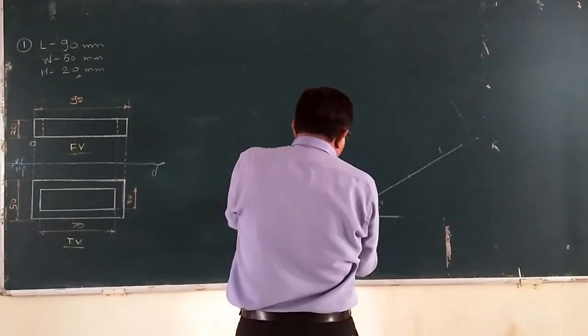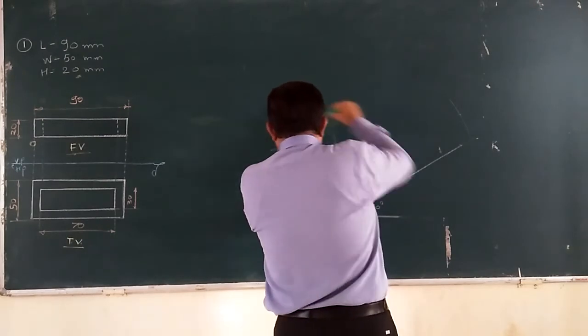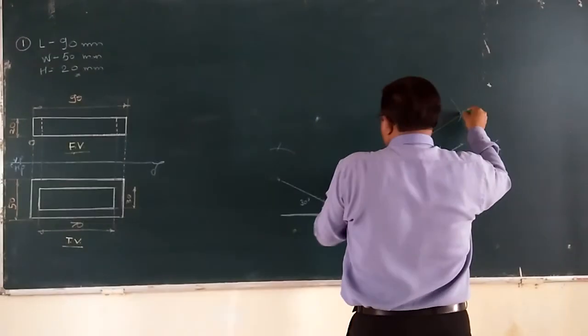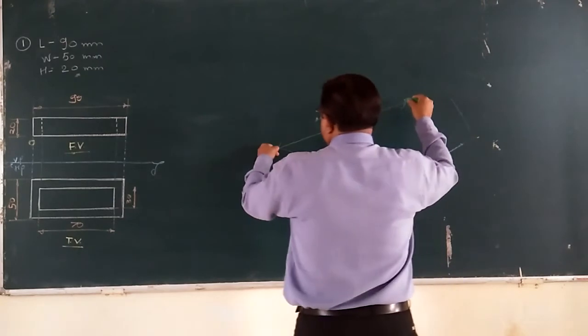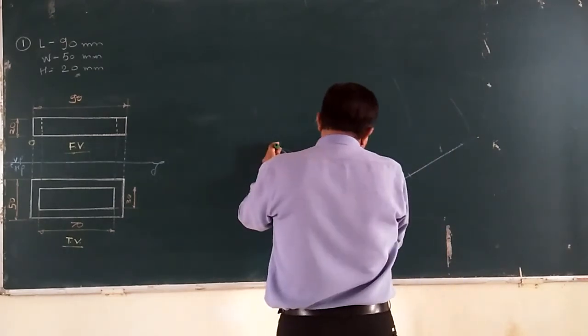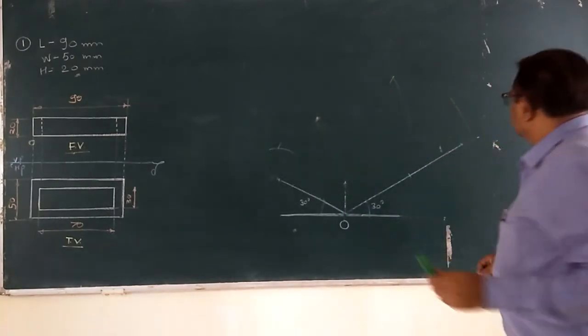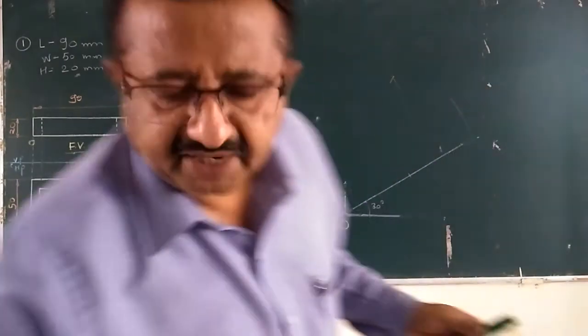Initially, one has to achieve the empty box of the given dimensions, the L, W and H from the orthographic views. With those dimensions only, you have to construct the empty box.